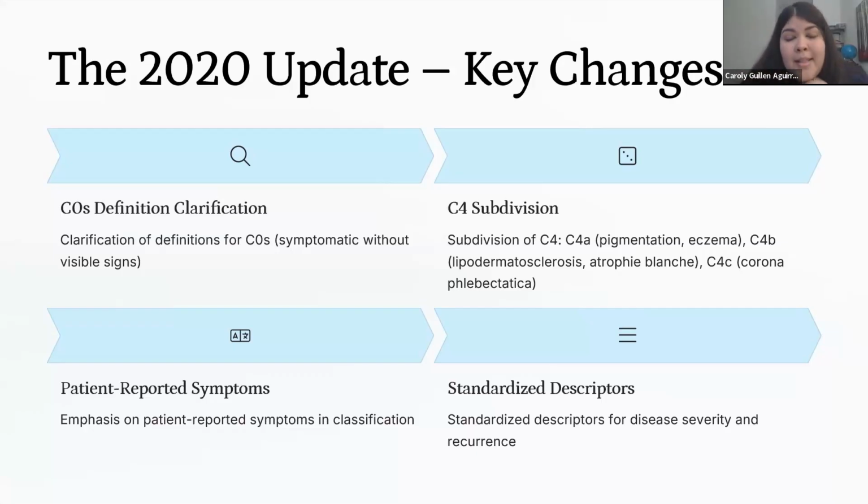They also subdivide the C4 division in C4a, pigmentation and eczema, C4b, lipodermatosclerosis and atrophie blanche, and C4c, corona phlebectatica. And then they made emphasis on patient-reported symptoms in the classifications and standardized descriptions.